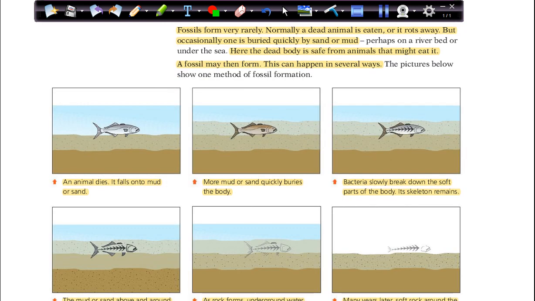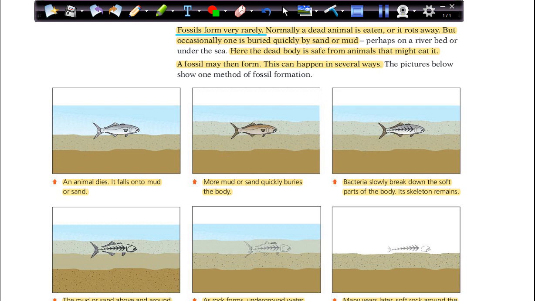Here in these next pictures, we will see the formation of fossils over years and years. Because we studied the layers of the Earth, we studied the soil, and what we can have in soil. So now we can see how these creatures got buried inside and fossilized. Fossils form very rarely. Why do they form very rarely?